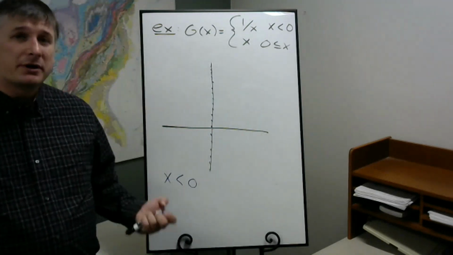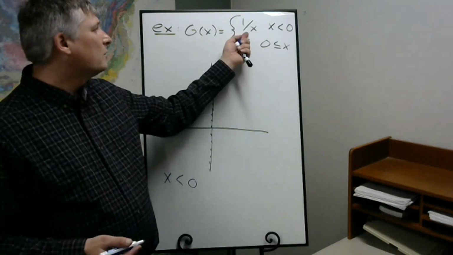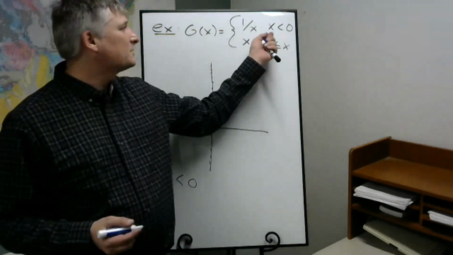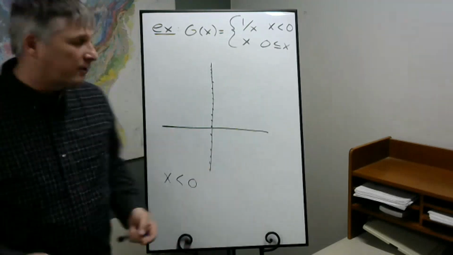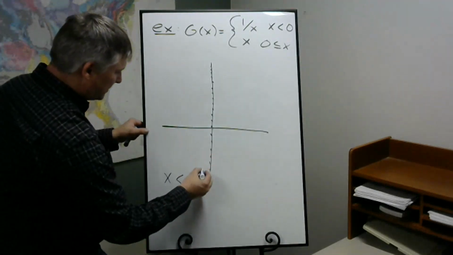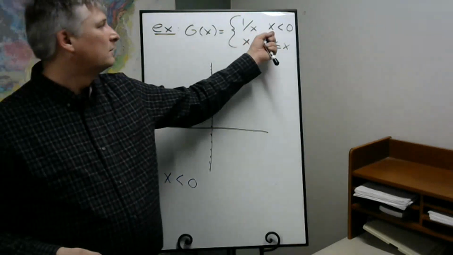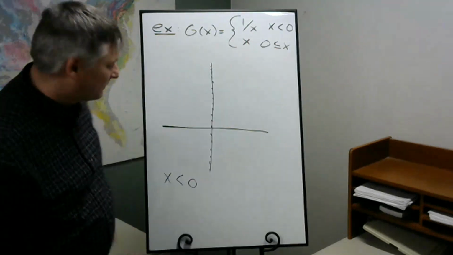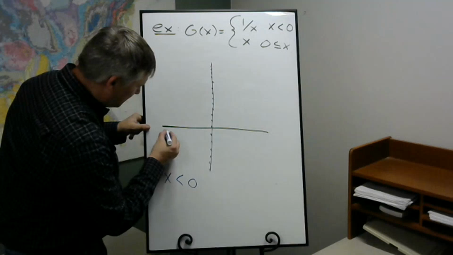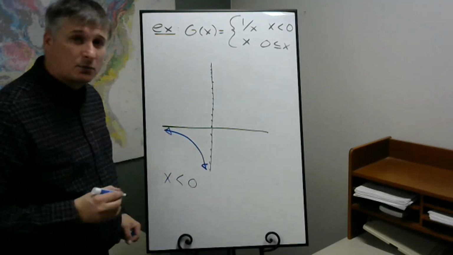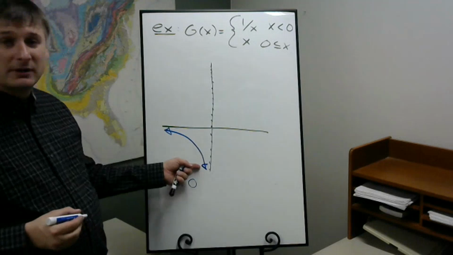So what we want to do is graph 1 over x, or the part of 1 over x, when x is less than 0. Now, 1 over x is a function that does something like this. But we only want the part when x is less than 0. So that means for the first phase, the relationship between x and y is going to look like this.